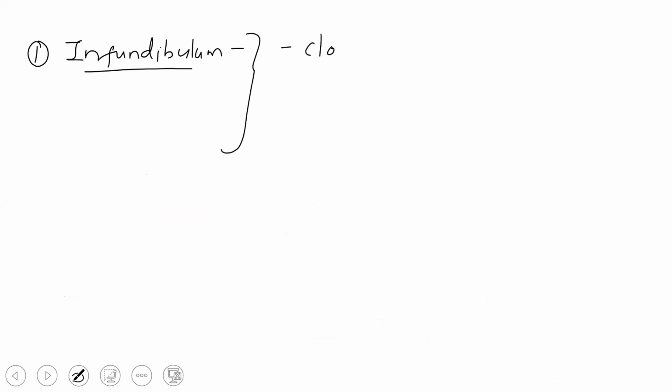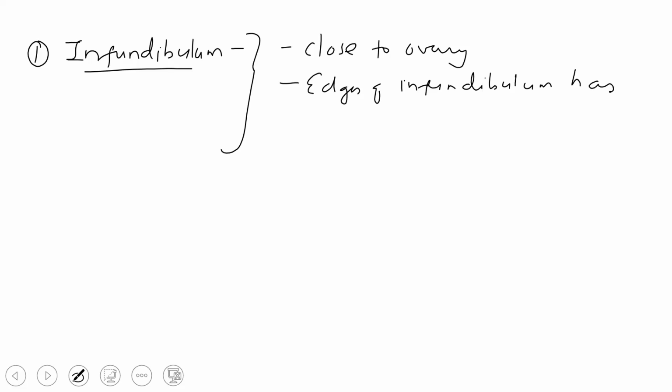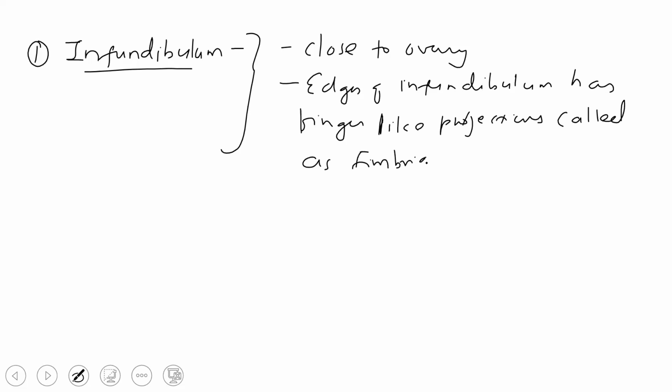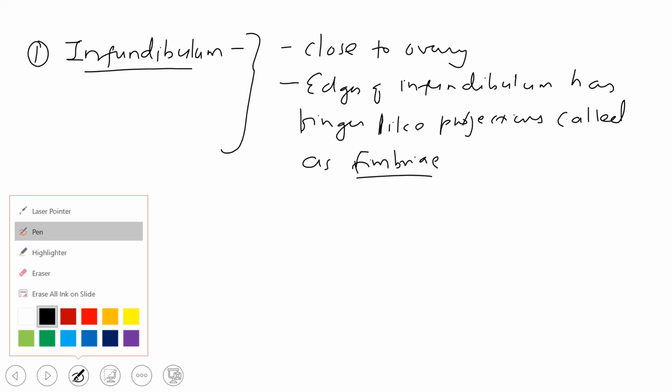This infundibulum is close to the ovary. The edges of the infundibulum have finger-like projections called fimbriae, as we have discussed.